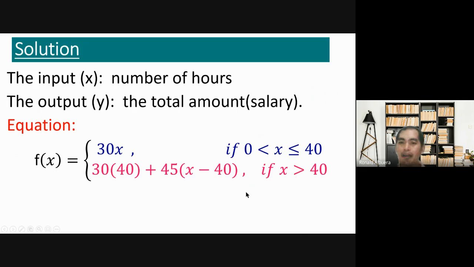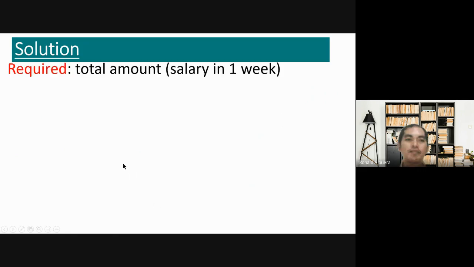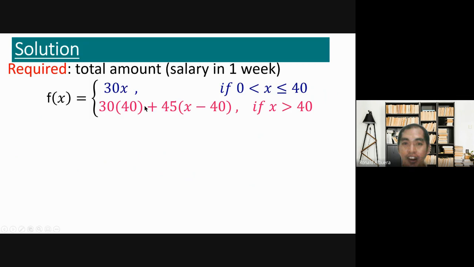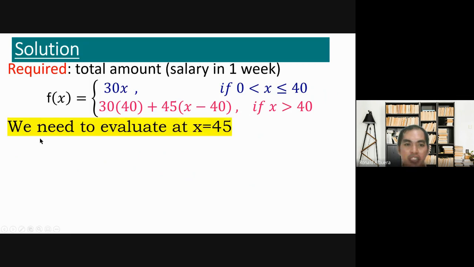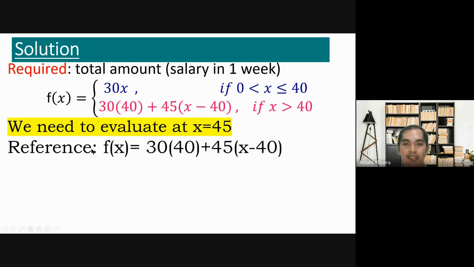The number of hours. From the problem, total amount salary in 1 week na nagkonsumo ng 45 hours, ito ang gagamitin natin na kulay pula. You need to evaluate at X equals 45. So F of X equals 30 times 40 plus 45 times X minus 40.